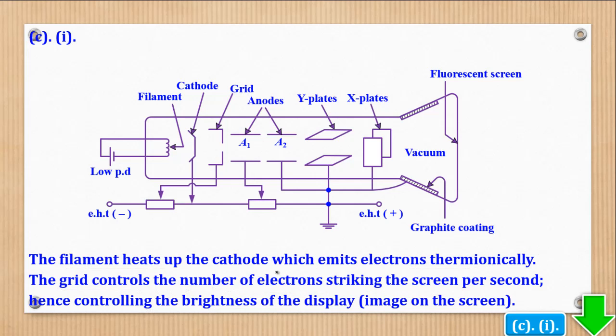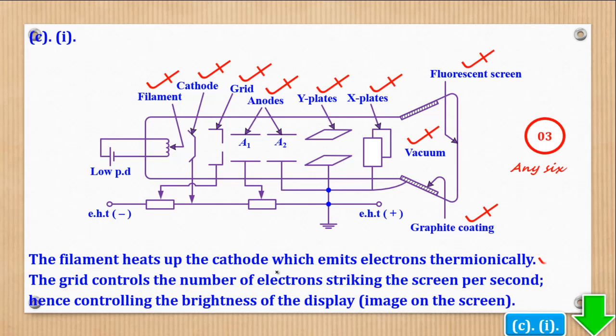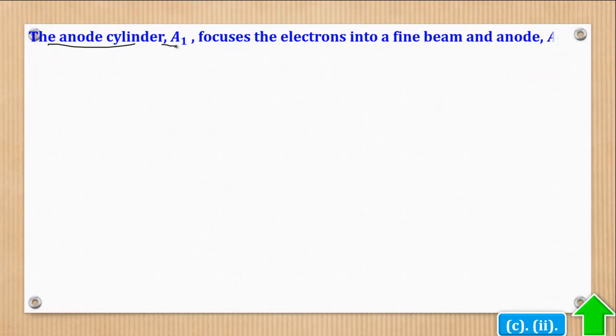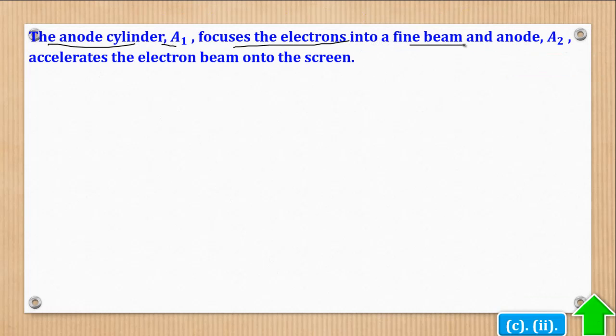If I go to the next slide, let's see marks for this slide. The anode cylinder A1 focuses the electrons into a fine beam, and anode cylinder A2 accelerates the electron beam onto the screen.